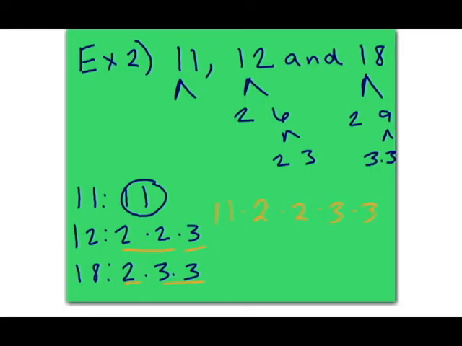Now that we have all the numbers that match and also the numbers that don't match, we multiply them together to get our final answer. 11 times 2 times 2 times 3 times 3 will get us 396.